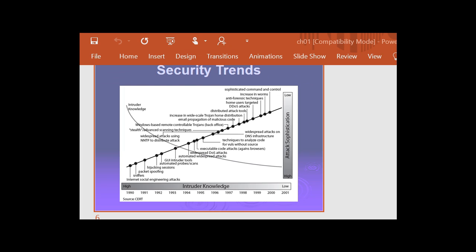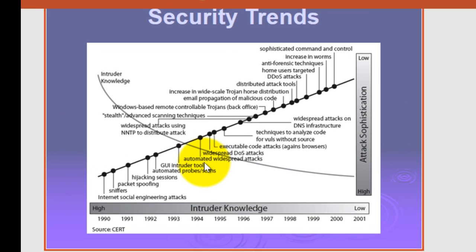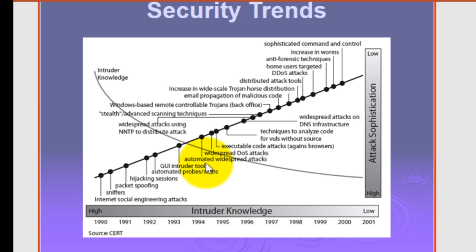Okay, let us see what the security trends are. In the security trends you will see how security has improved from 1990 to 2001, how different technologies have improved to counterattack security threats, and how security attacks have improved from 1990 to 2001.